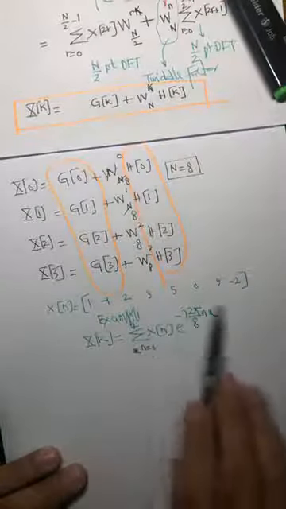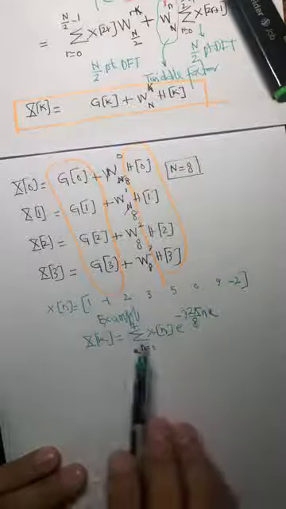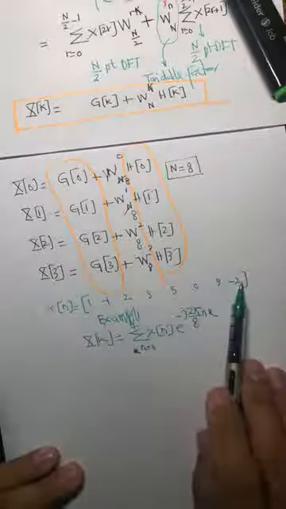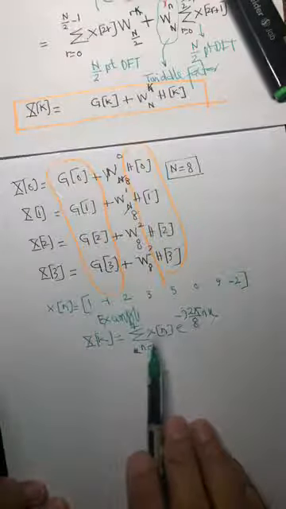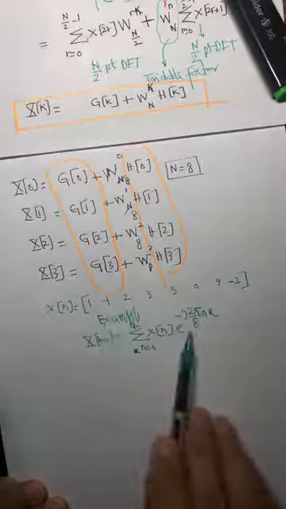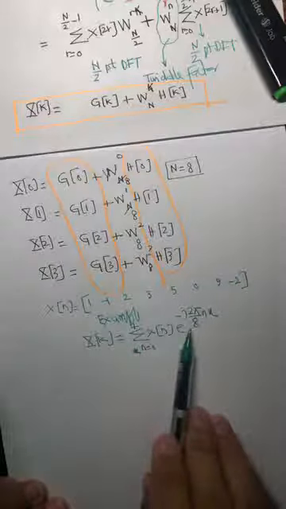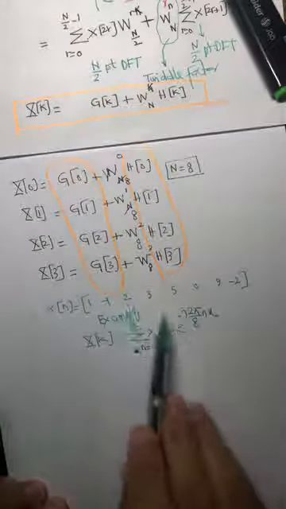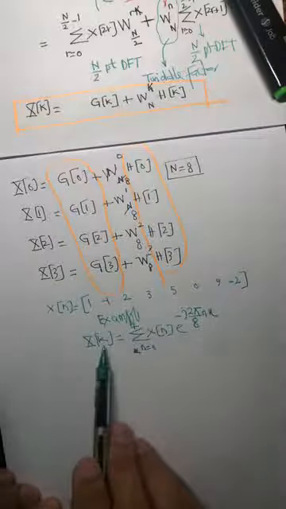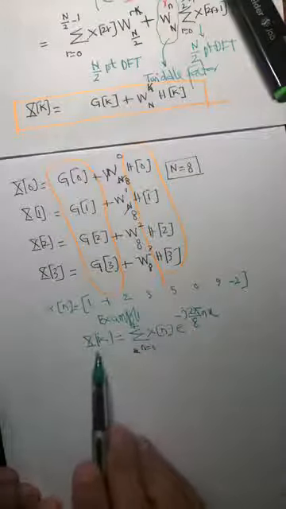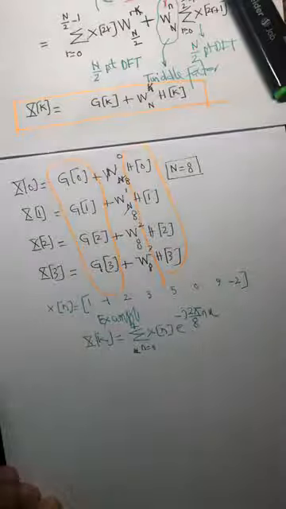Then put k is equal to 1, solve this summation. Every time you have to use all these 8 values. So this is a very simple algorithm, just a loop where you multiply this sample with one exponential, then this sample with another exponential, and then add up together. For k equal to 0, you get one value, and then you repeat it for 1 and 2 and 3 and 4 and 5.